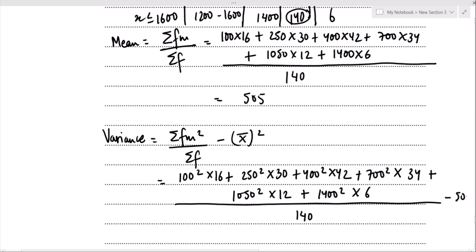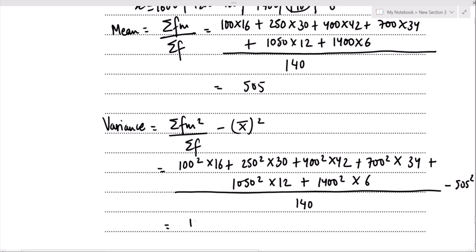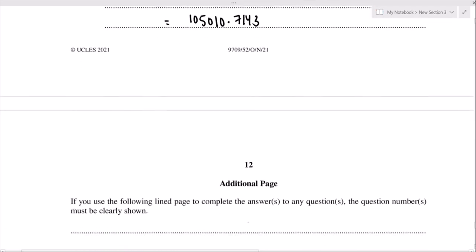So that's going to be 505 squared. So this gives us the total value of 105,010.7143.